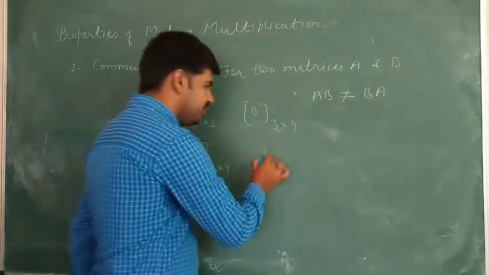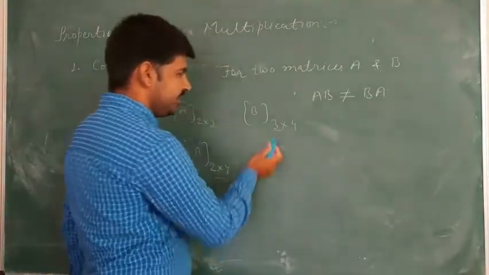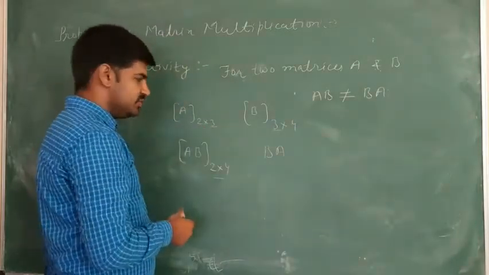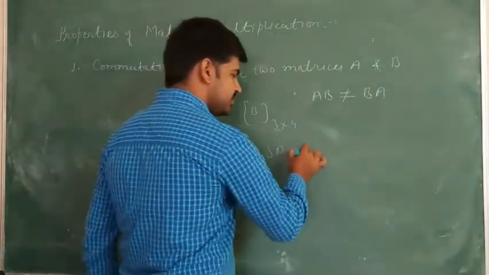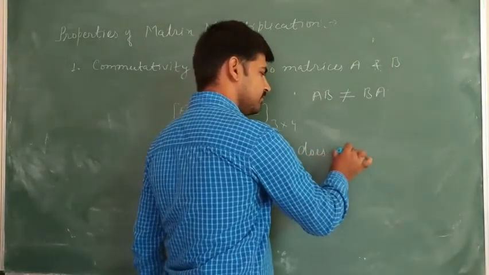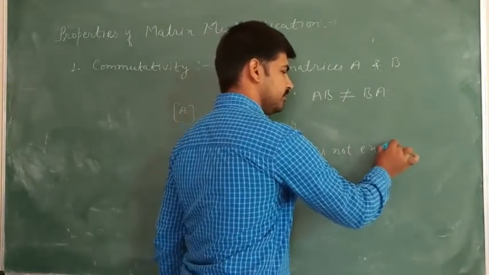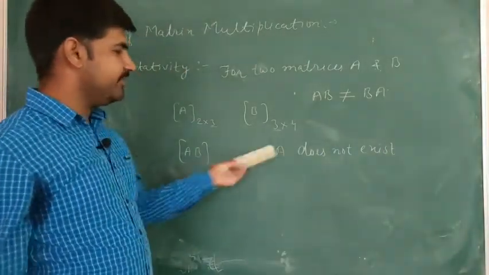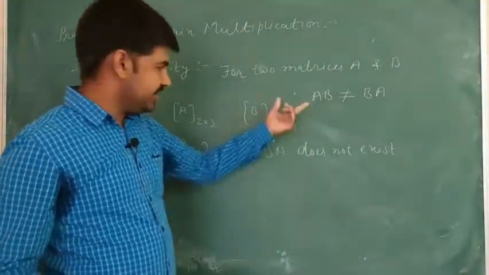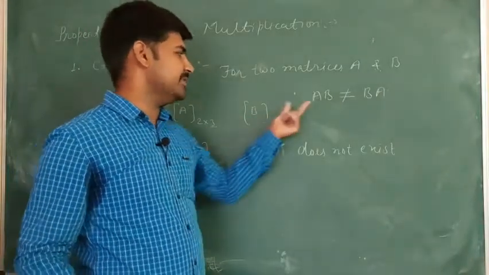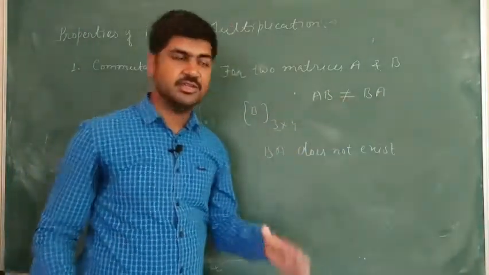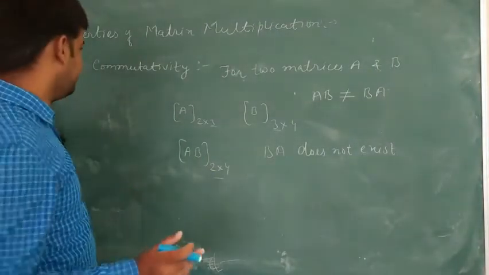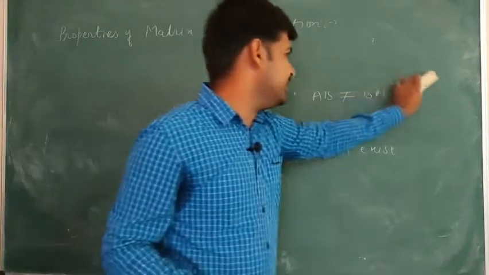But if I talk about BA, the number of columns in B is 4 and the number of rows in A is 2, so BA does not exist. So from this example, we can say AB is not always equal to BA, and hence matrix multiplication is not commutative. I hope you understood.